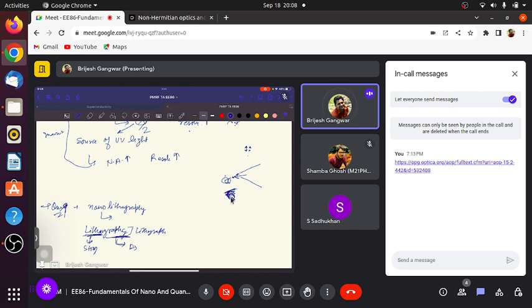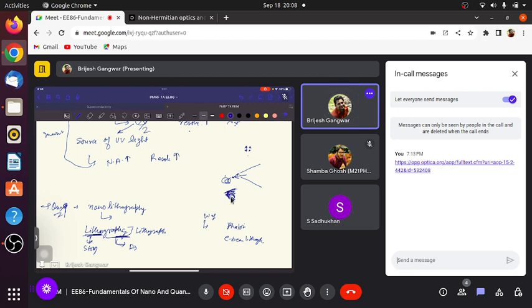But if you have some wafer or some nano scale level writing, if you want some structure at nano level, then you should go for photolithography or e-beam lithography, but they are also called by the lithography term.